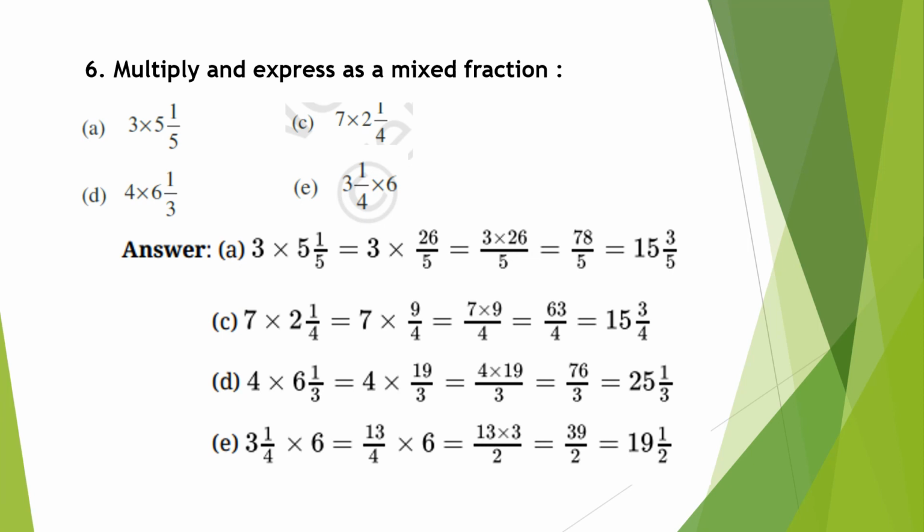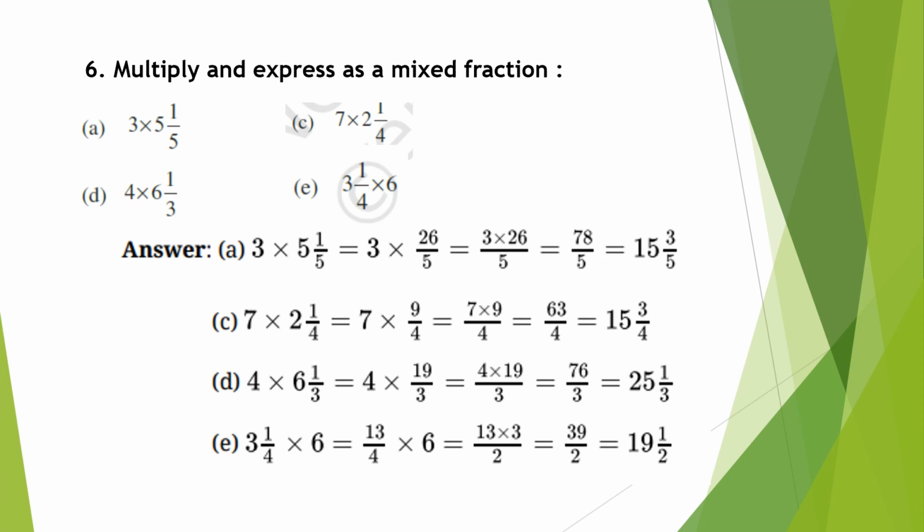Our next is question E, 3 integer 1 by 4 multiplied by 6. So here we can convert the mixed fraction 3 integer 1 by 4 into improper. So we get 3 into 4 plus 1 whole divided by 4, which is equal to 13 upon 4 multiplied by 6.